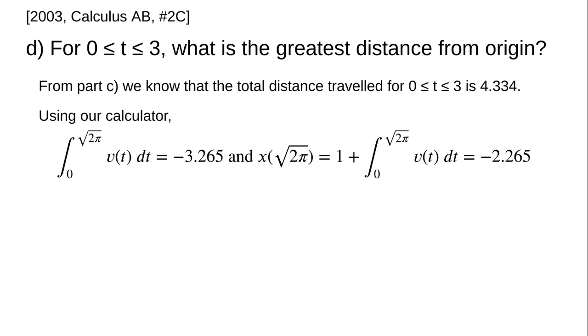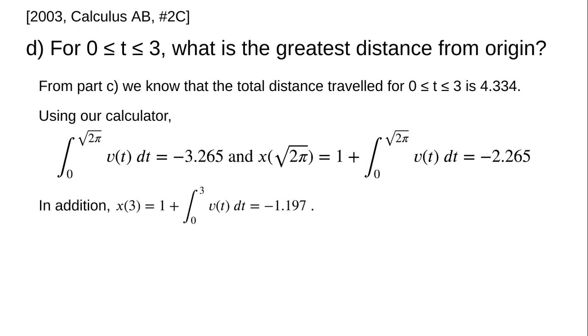Using our calculator, the integral from 0 to square root of 2 pi of v of t dt is negative 3.265, and the actual position of the particle, x of square root of 2 pi, can be found using the integral 1 plus the integral from 0 to square root of 2 pi of v of t dt. Remember, we were given the initial condition in the question stem that the position of the particle was 1 at time t equals 0. So at time t equals square root of 2 pi, the particle is at negative 2.265.